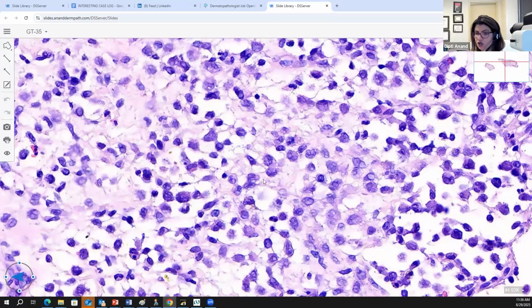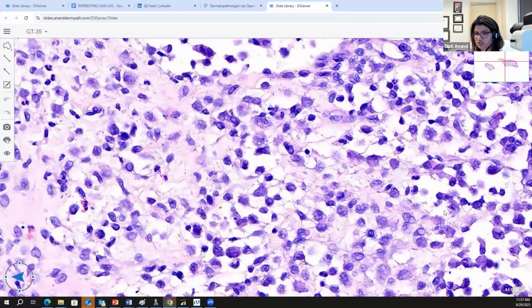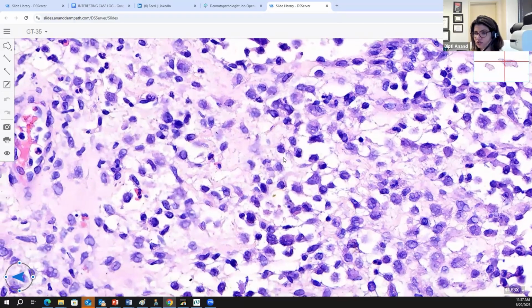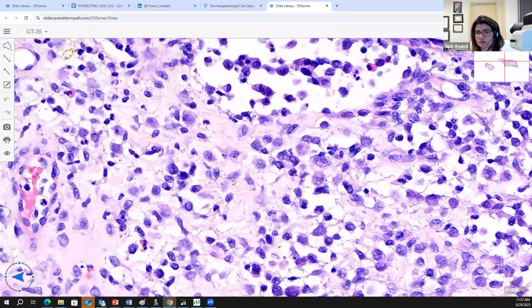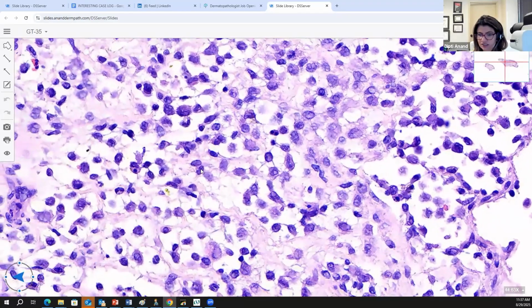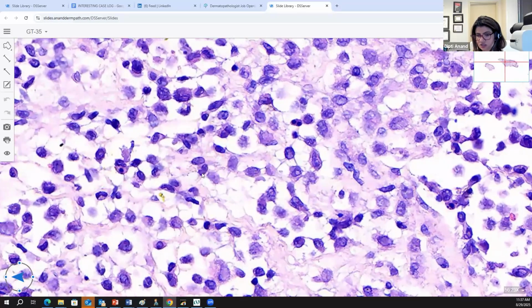These have the classic clover or kidney bean shaped morphology with an eccentric nucleus and nuclear grooves and indentations. These are all Langerhans cells that you see in the background. They look like these kidney bean shaped cells, and you can see the nuclear grooves and indentation.